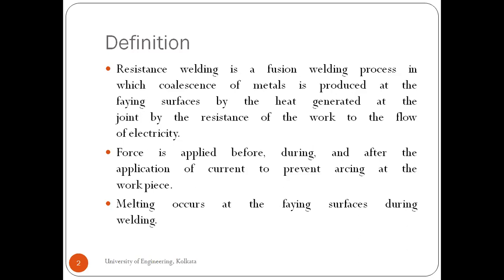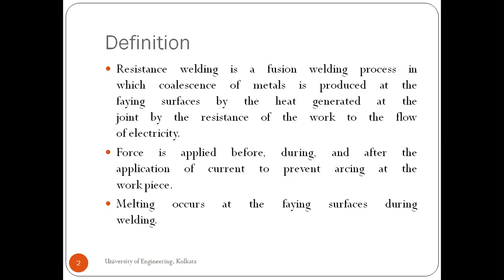The force is applied before, during, and after the application of the current to prevent arcing. So there is no arc generated in resistance welding. If you remember, in the arc welding process, a gap is maintained between the electrode and the workpiece, and due to that gap there is ionization and the arc is generated.